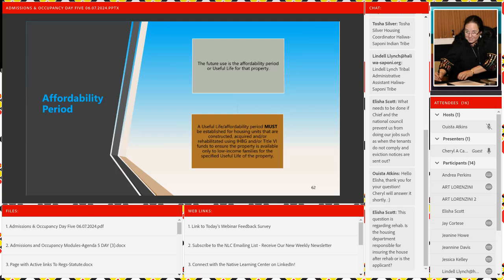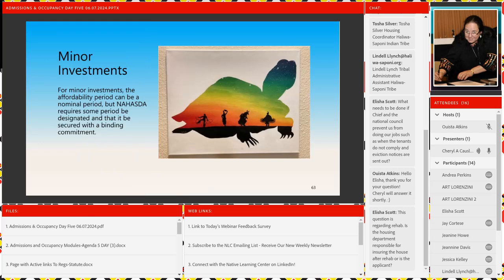The future use is that affordability period or useful life for that property. It must be established for housing units that are constructed, acquired, or rehabbed using block grant or Title VI funds to ensure the property is made available only to low-income families for the specified useful life of that property.